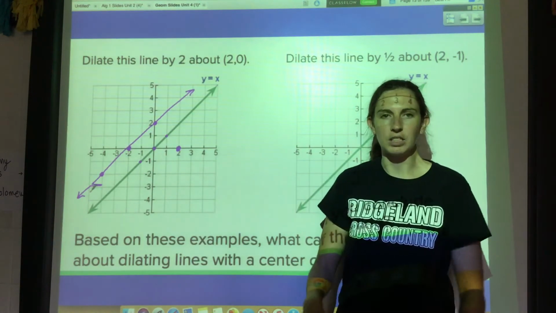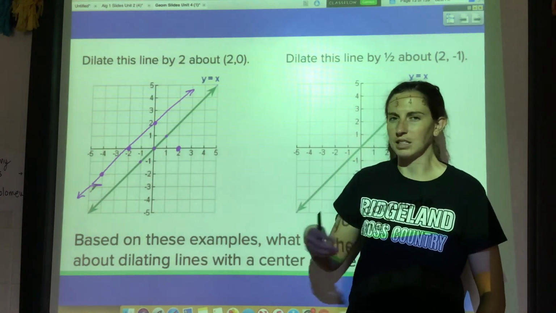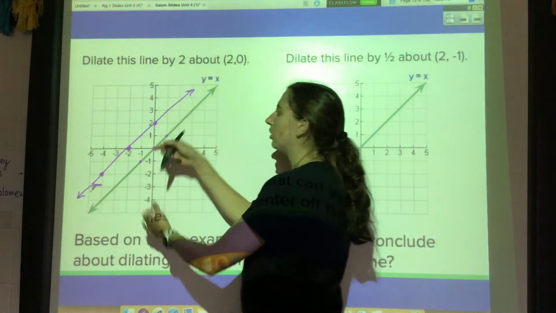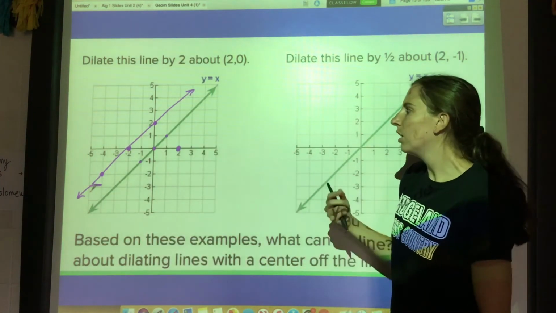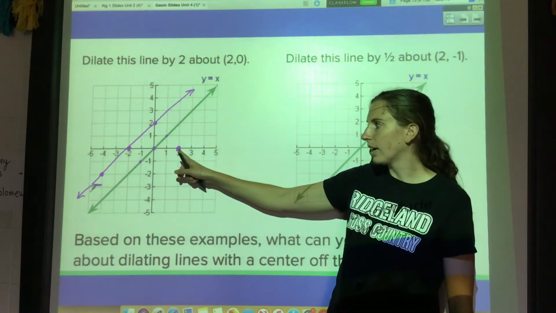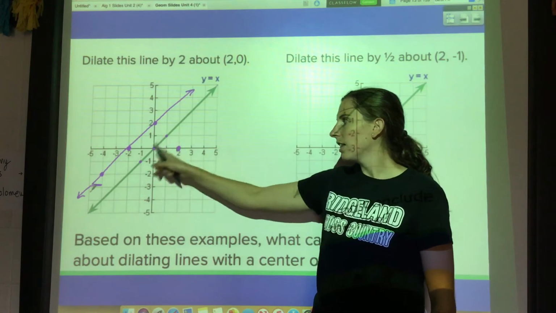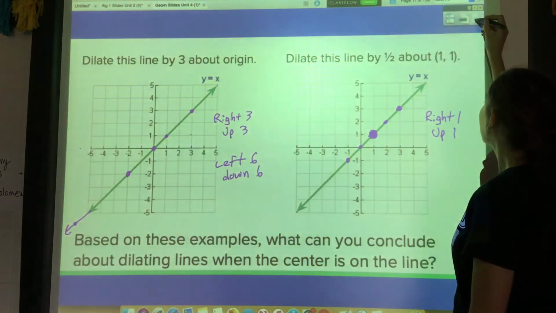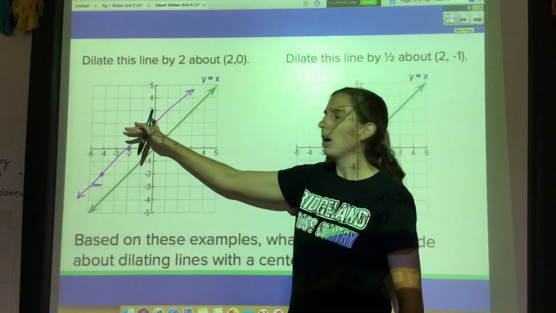And don't even get me started on the fact that some infinities are bigger than others. It's a very abstract thing. But basically, if you stretch this line by 2, it's still going to be a line. But notice if the center of dilation is here, the line is not the same line like it was in this case. It's actually been pushed away.